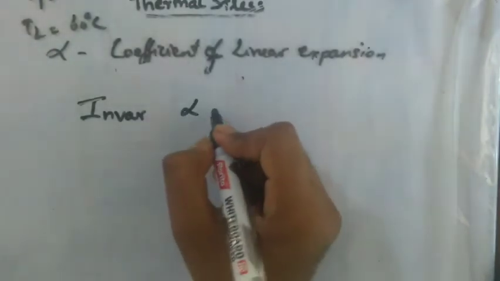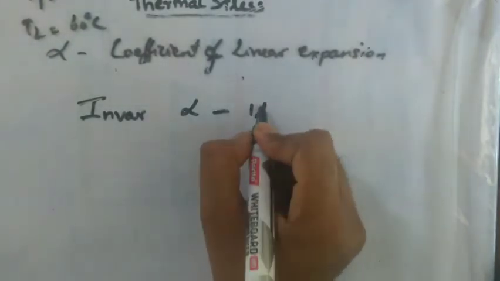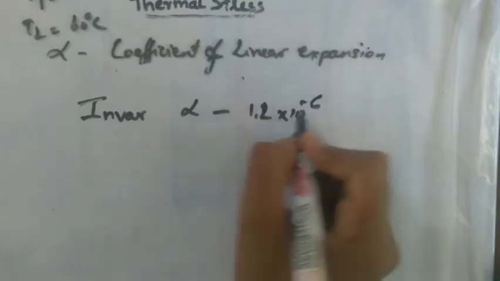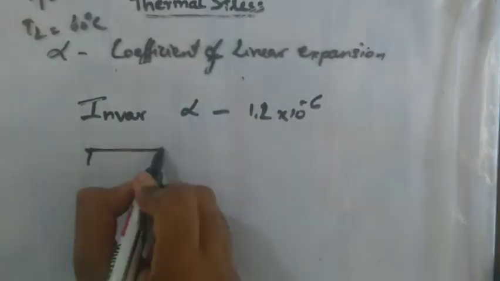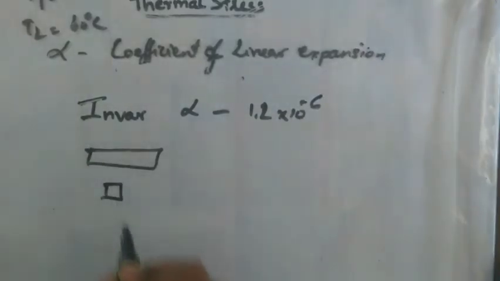I'll be using invar. Diamond I can't use, as it's not a metal. Invar has the lowest coefficient of linear expansion, 1.2 into 10 to the power minus 6. So it will not be expanding too much or contracting too much when the temperature changes. So for measuring, we'll be using invar.